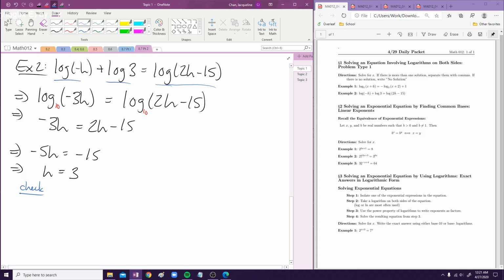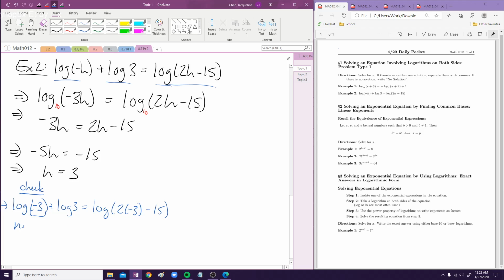Right? So we have log of negative 3 plus log of 3 equal to log of 2 times negative 3 minus 15. You can go ahead and solve this argument right here, but honestly, you can stop right now. Why? Because of this negative 3. This one is not within our domain, so therefore this doesn't work at all.